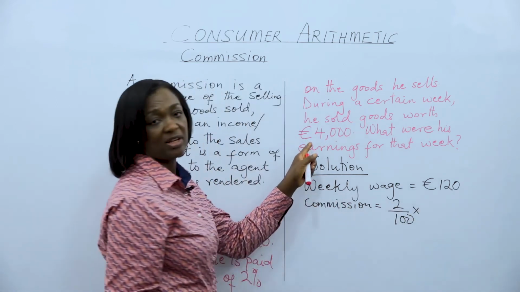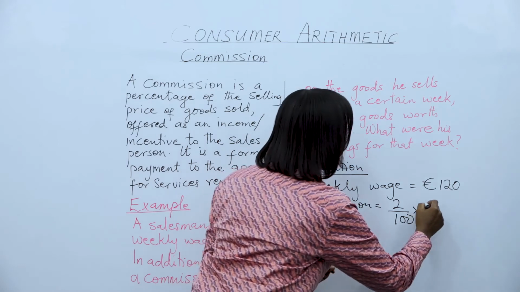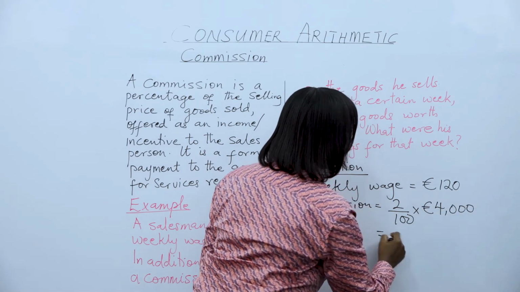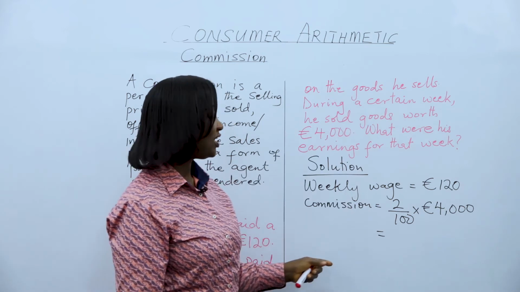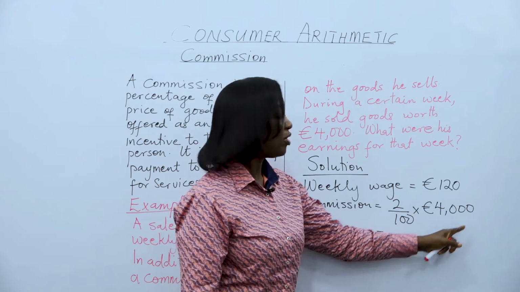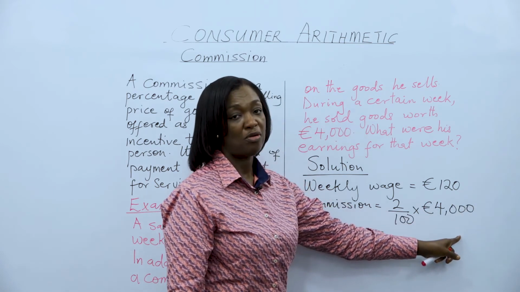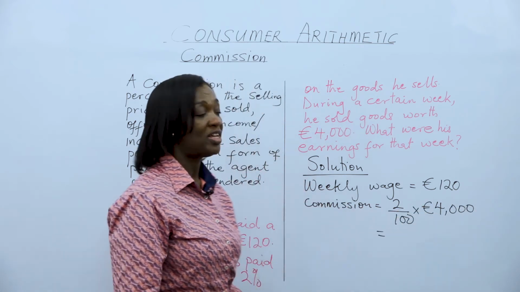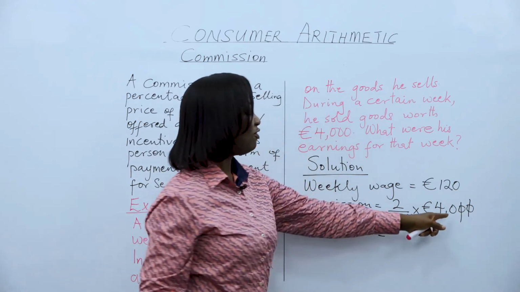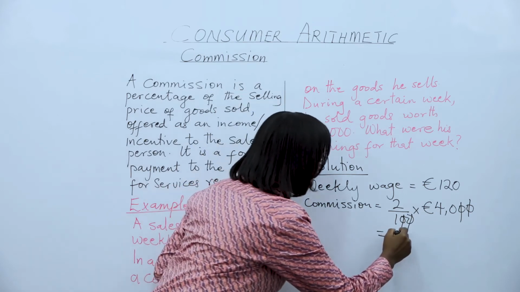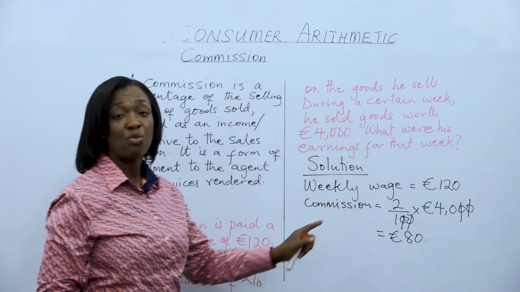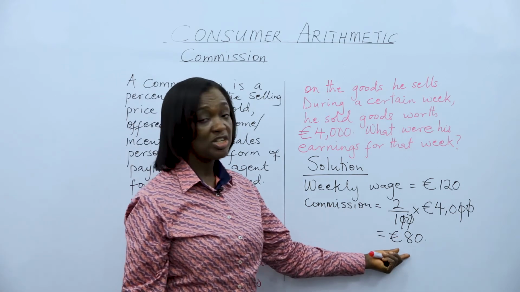So we're simply finding 2% of 4,000. We can actually do that mentally because 1% of 4,000 euro is 40 euro. And 2% will be 80 euro. If you also decide to cancel out, we have 40, and 40 times 2 is 80. So the commission for that week was 80 euro.